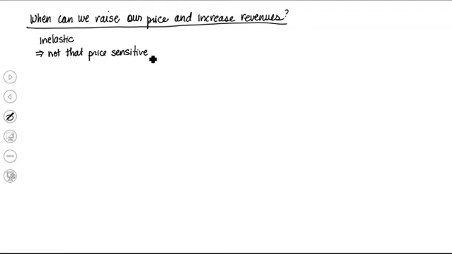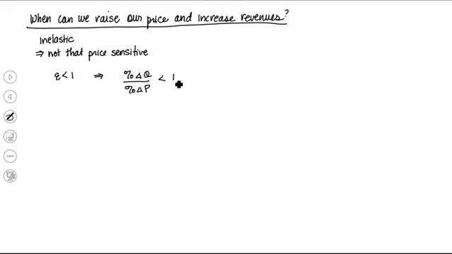You don't want the people that are very price sensitive because they're going to be like, oh, I'm not buying this. Let's look at it mathematically. We know that people who are inelastic have an elasticity less than 1, right? And that tells us that percent change in quantity over percent change in price is less than 1.